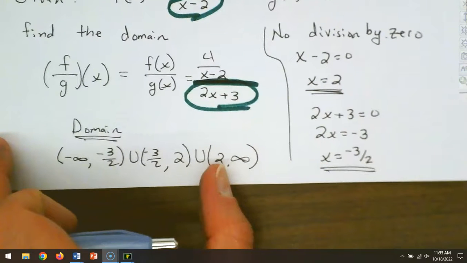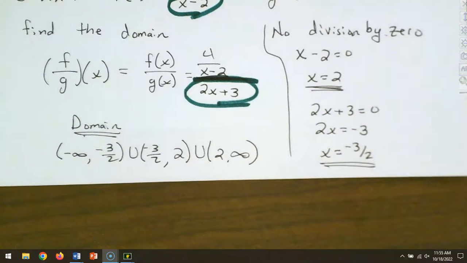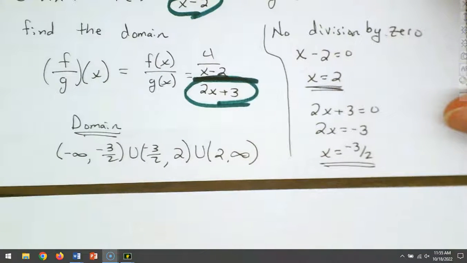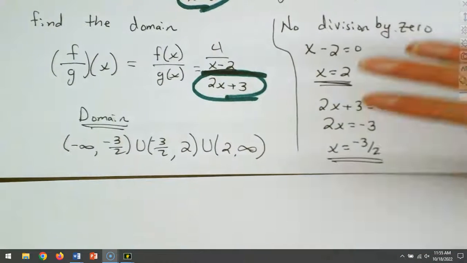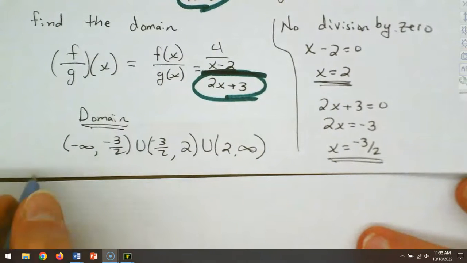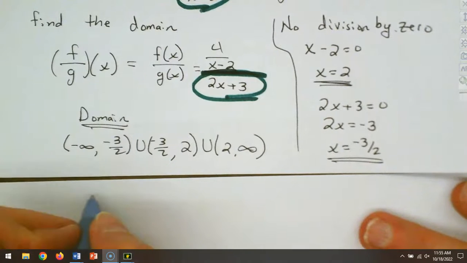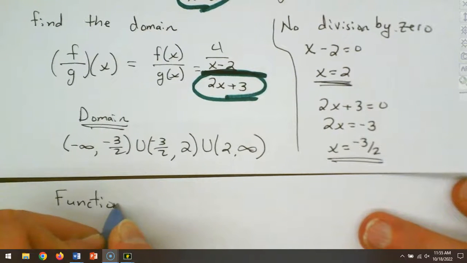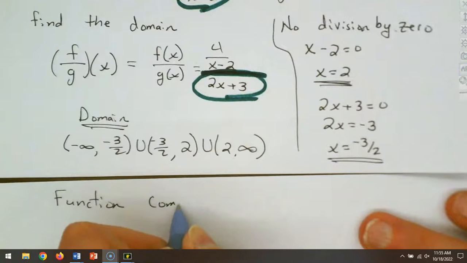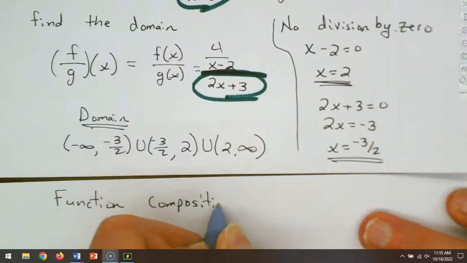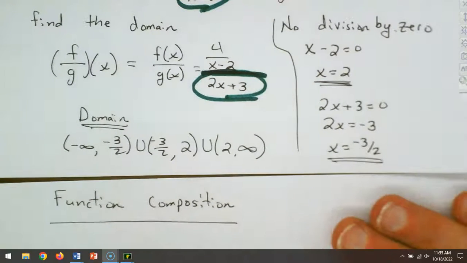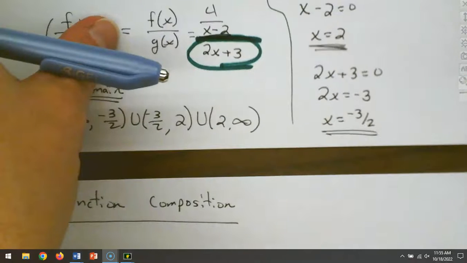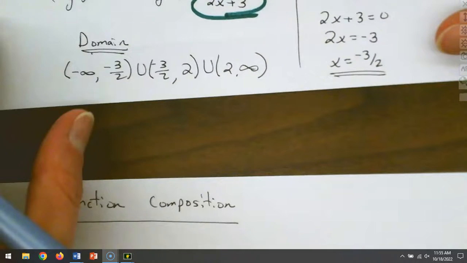Let's move on now and talk about the last part, which is composition. So we're still in 2.8. We're going to talk about function composition. When we talk about composition, it has a new symbol.